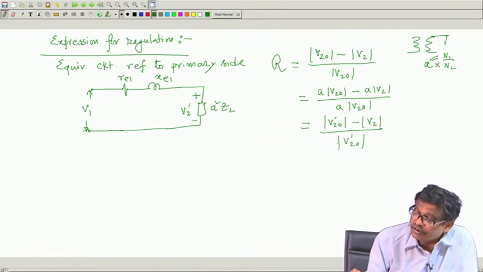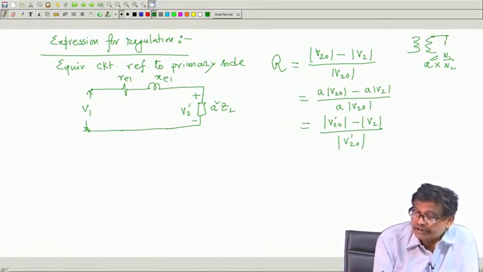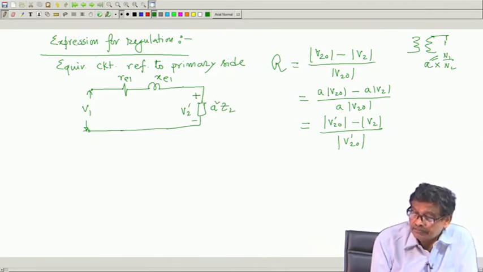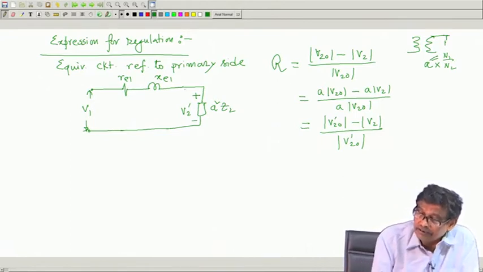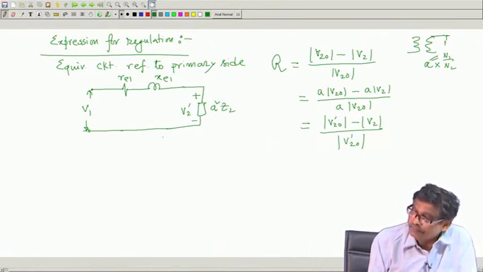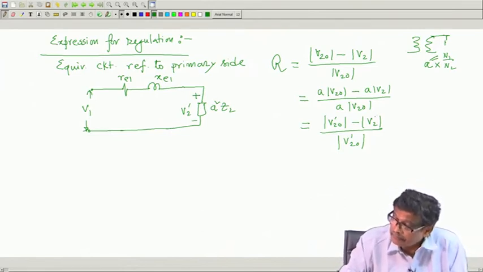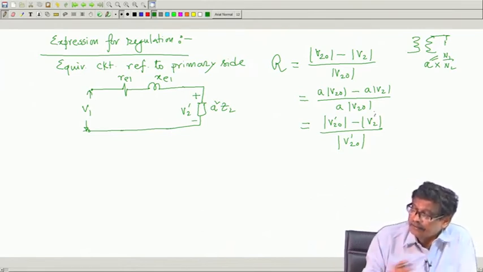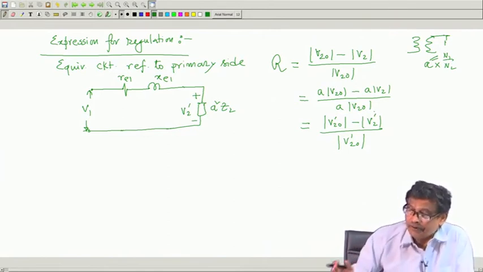With load disconnected, this is open. So, what will be this voltage, whatever will come here, this voltage with nothing connected is V 2 0. That voltage will be simply this voltage reflected. This will be the thing. Got the point?